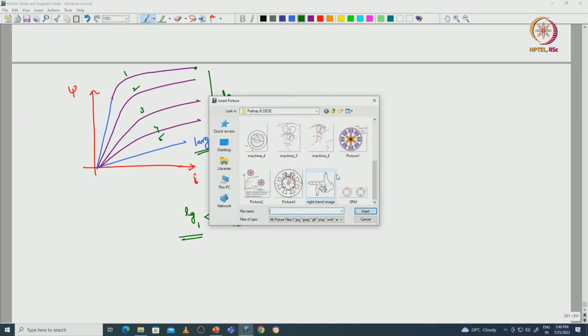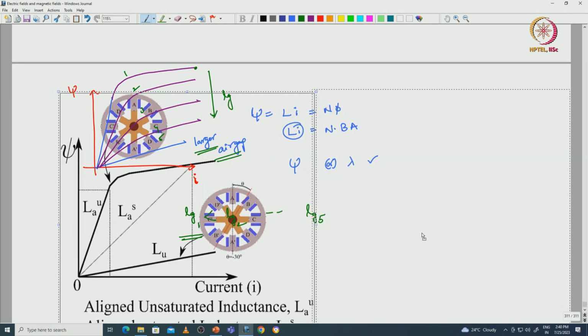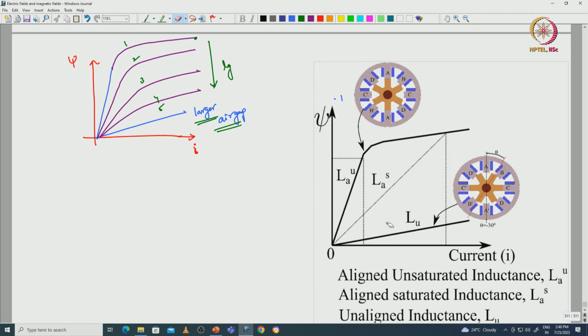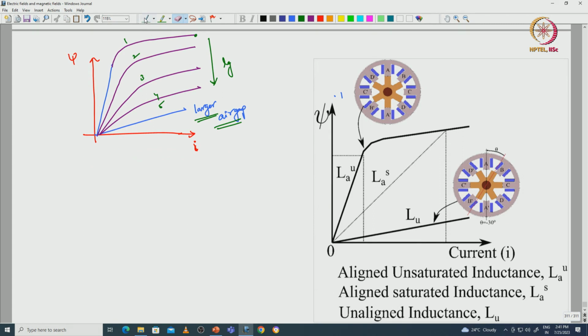If we look at the flux linkage versus current waveforms for the switched reluctance machine, it will be in this manner. So we can see here the flux linkage versus current waveforms for the switched reluctance machine. This is with respect to the higher air gap, that is nothing but the unaligned position, where the rotor pole is unaligned with the stator pole.